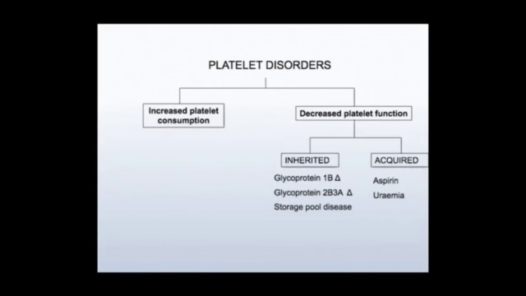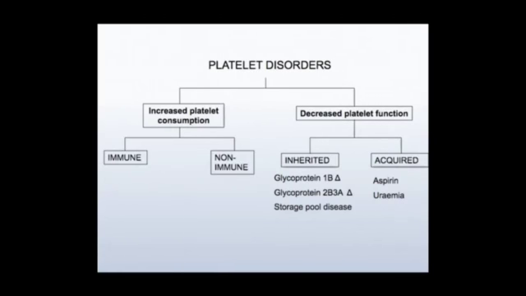The acquired ones can be fairly common, such as with drug use, for example aspirin, or uremia. Inherited ones are really quite rare and include glycoprotein 1b deficiency, or Bernard-Soulier disease, glycoprotein 2b3a deficiency, Glanzmann's thrombasthenia, and storage pool diseases. But what I think is more important is disorders of platelets caused by number, or thrombocytopenia.